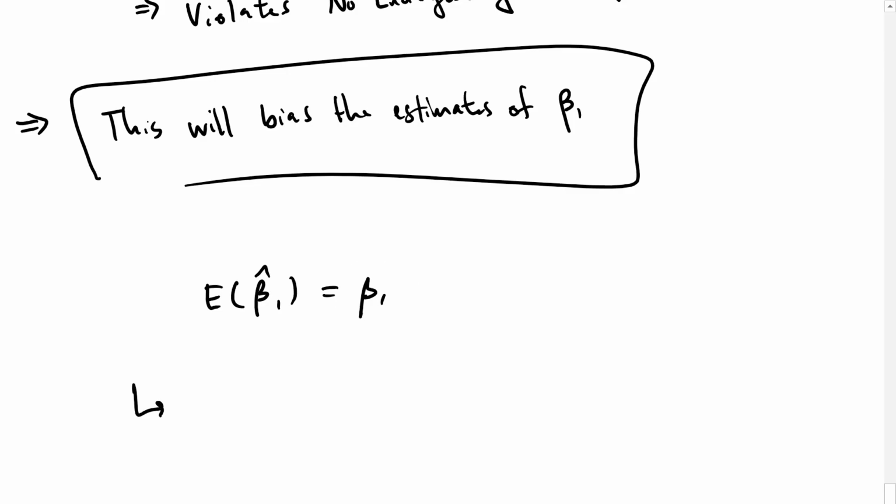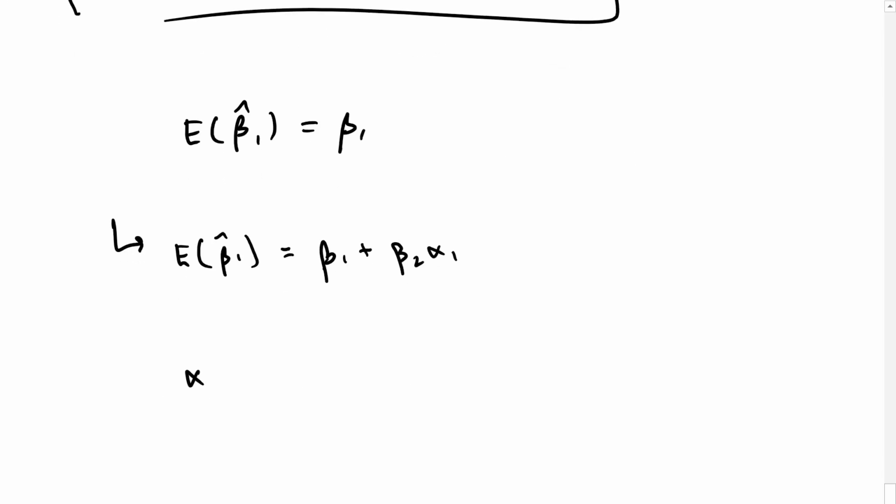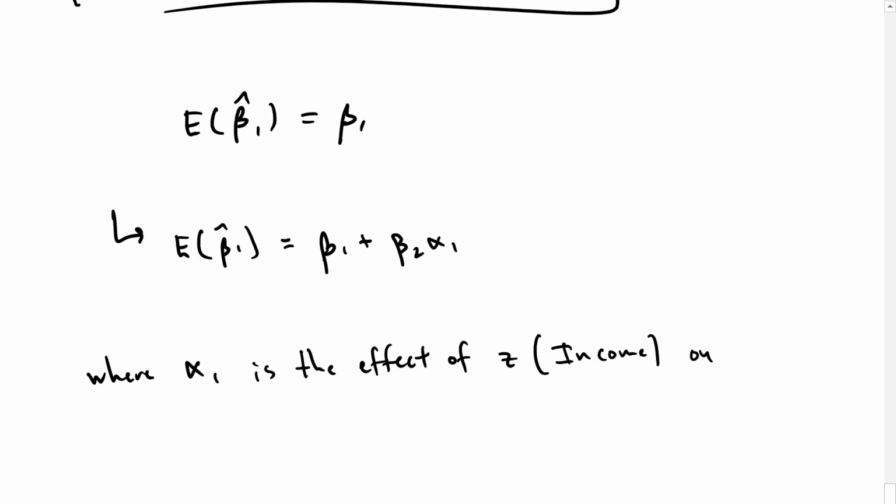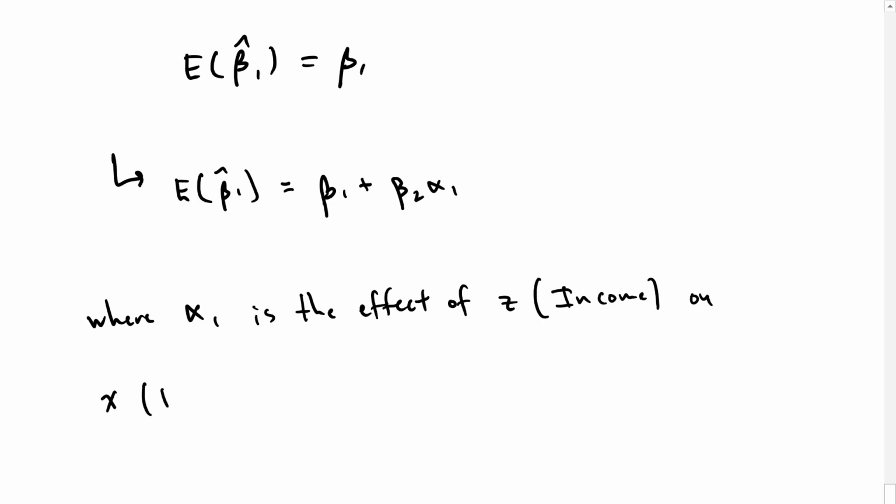But in this scenario, what we're going to have is that the expected value of beta 1 is going to be equal to beta 1 plus beta 2 times alpha 1, where alpha 1 is the effect of z, in this case income, on x, which is health insurance.